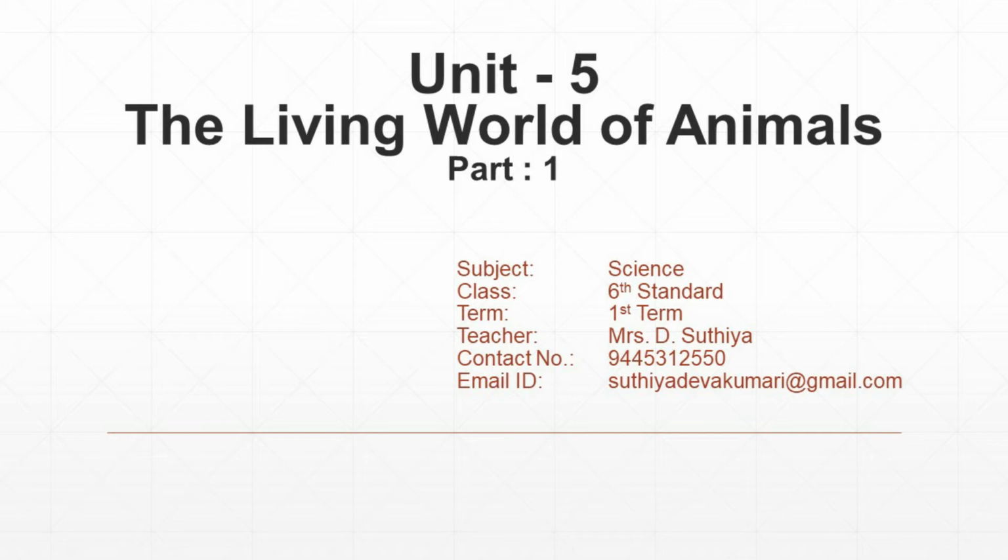This class, we are going to learn only about biodiversity, then unicellular and multicellular organisms only. In the next part, we will learn about adaptations in animals. These are the sub-topics we are going to learn under this lesson.